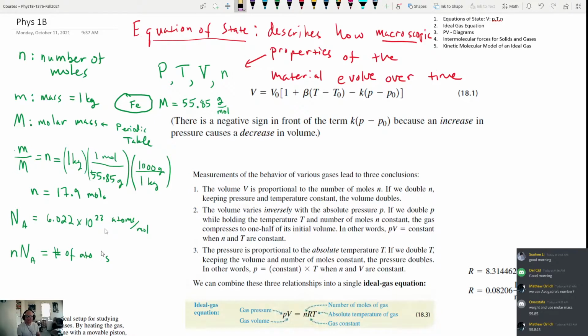There's one other thing you can do with this. Well, there's a lot of other things you can do with Avogadro's number. You can find the mass of a single atom as well, right? How would you do that? How would you find the mass of a single atom using this kind of information?